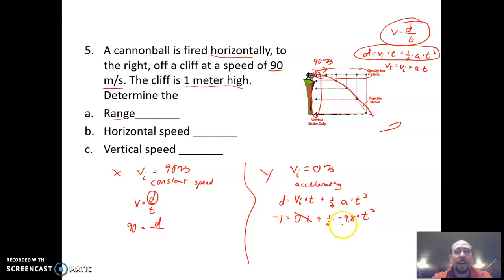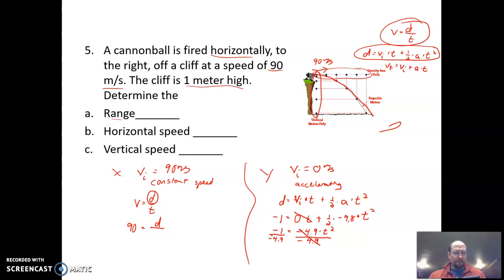And so now we go through and we simplify things to solve for that t. We have -1 on this side. We have 1/2 times -9.8. If I put that on my calculator, I get -4.9 times t squared. And then to get rid of the -4.9, I have to divide it, not add it. I have to divide by -4.9 on both sides. And if I divide that, I have to check this on my calculator.